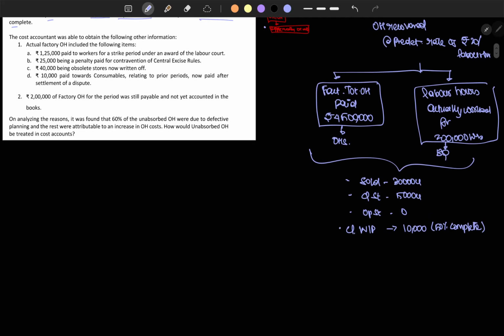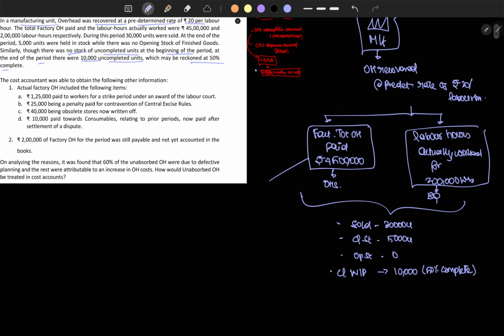After that, the cost accountant was able to obtain the following other information. Factory overheads included the following items. The actual factory overhead included some of the overheads which are not relevant to the production part. So that's what we are going to exclude from this actual overheads.